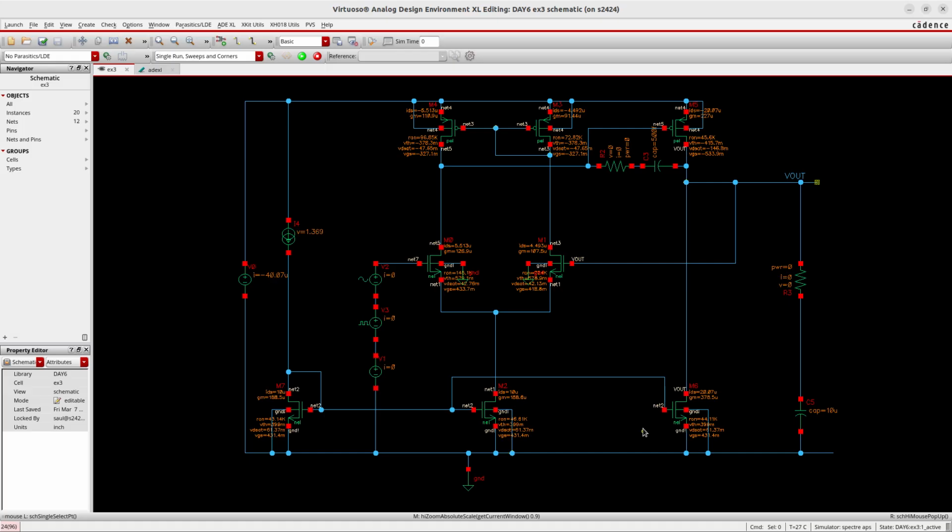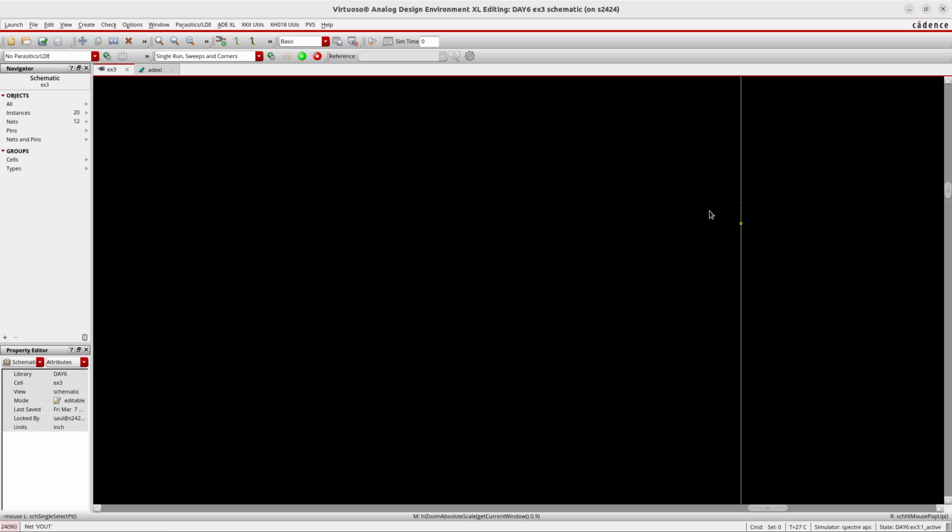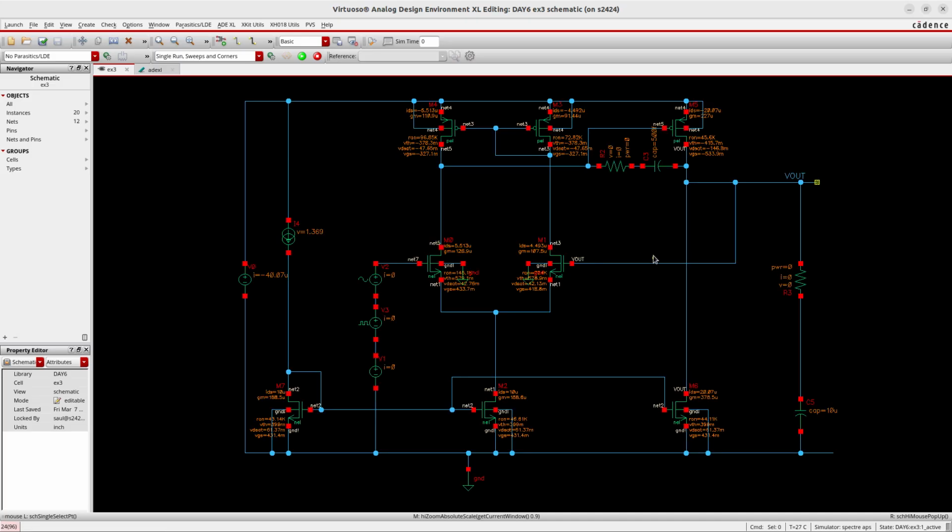So the output stage, as I mentioned just now, is a common source amplifier, and we have this current mirror bringing current to both sides, to the differential pair and to the output stage. And then I have connected this amplifier as a voltage buffer, and this amplifier is driving a load that is quite low.